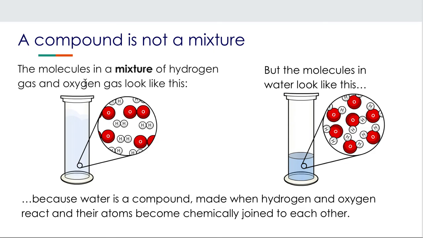So this is a mixture and this is not. And this is a compound because water is a compound made when hydrogen and oxygen react and their atoms become chemically joined to each other. I'm going to have you pause and then copy that down in your notes.